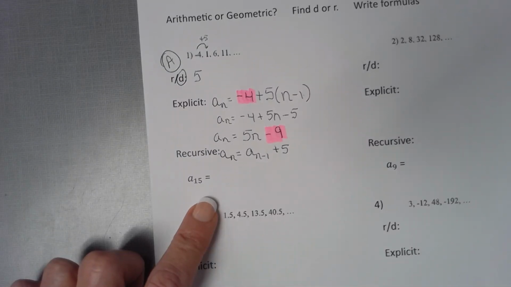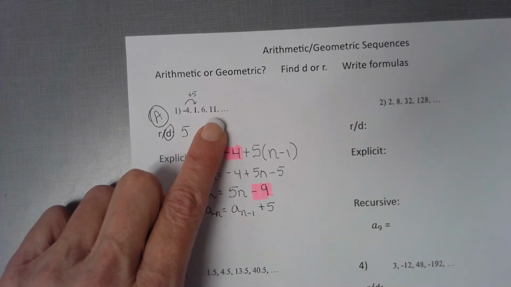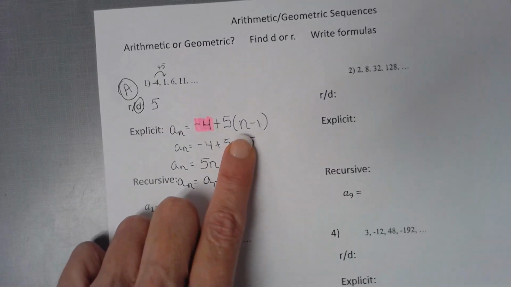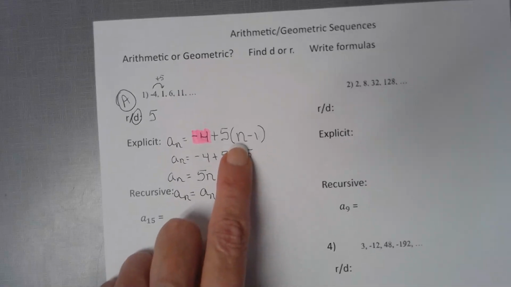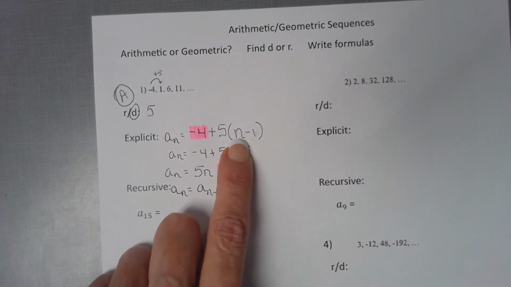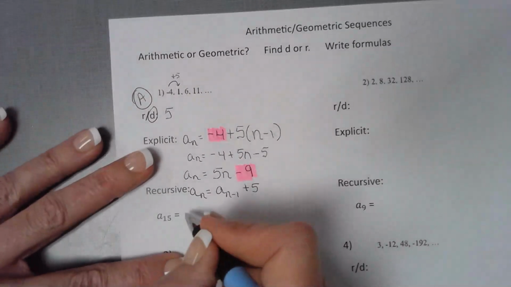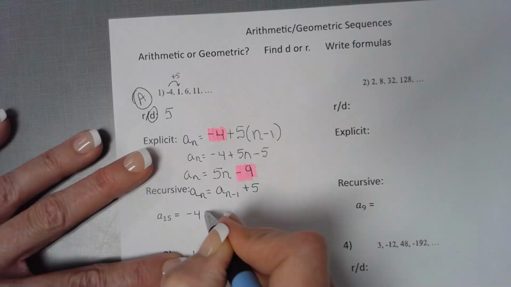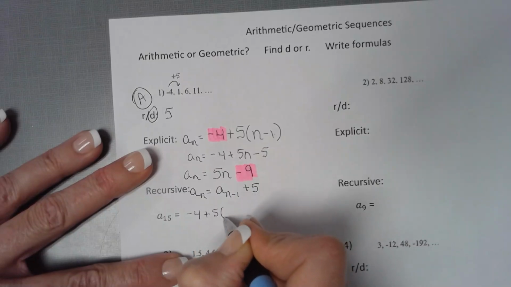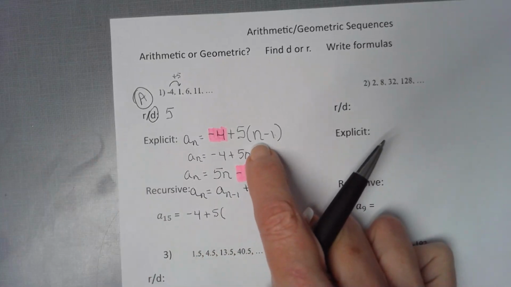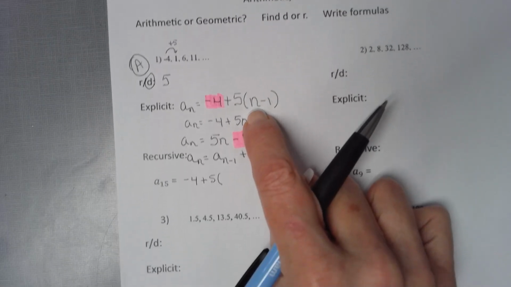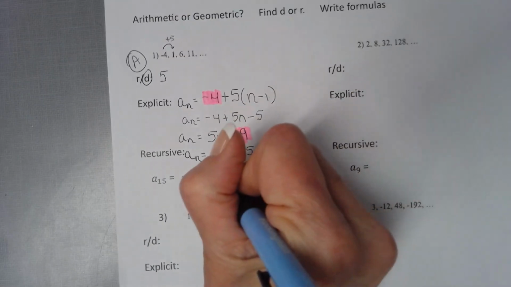Now, on a calculator, you can just keep adding 5 here. Here's the shortcut, folks. All you do is put 15 right there because n stands for the term number. And if I want the 15th term, I just put a 15 right there. So let's write it. -4 plus 5, and now I'm using this formula to find the 15th term, so I'm going to put a 15 right there.